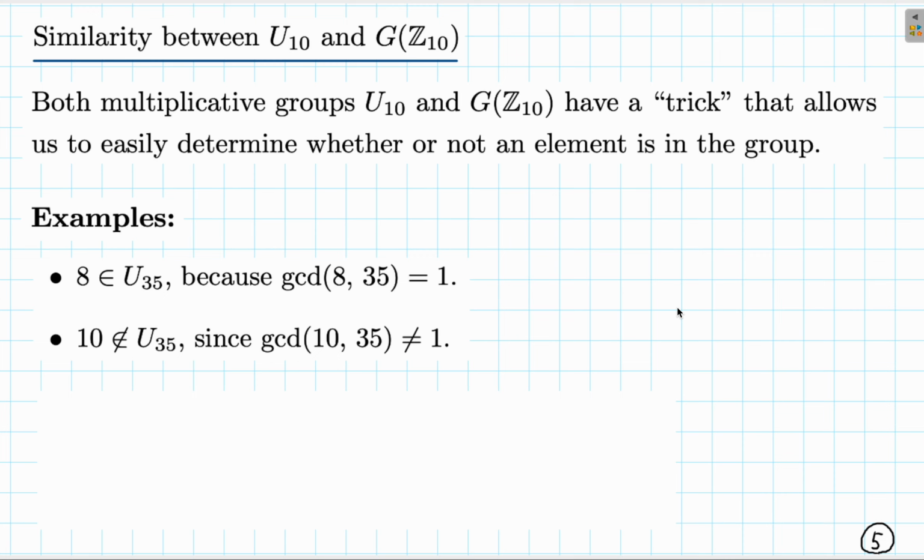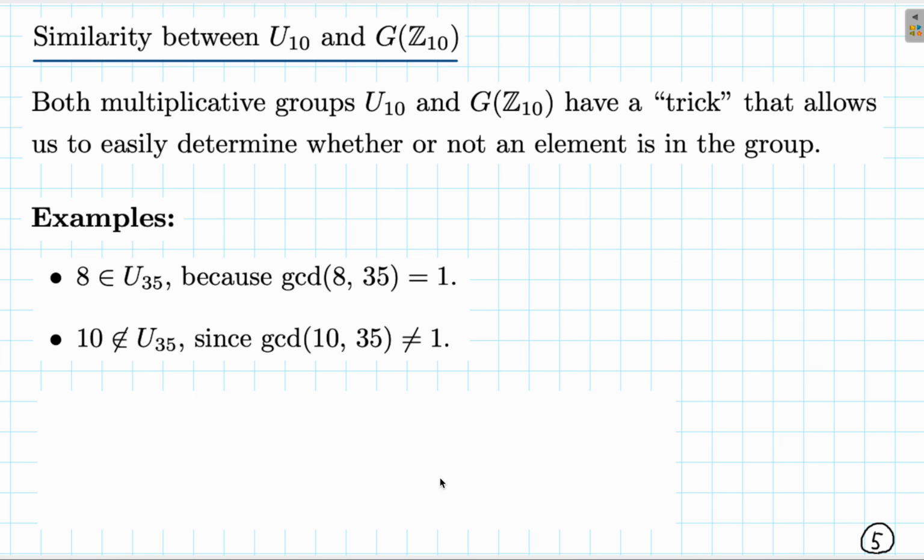Conversely, 10 is not an element of U of 35. We could argue that 10 doesn't have a multiplicative inverse mod 35, but we can more easily see that 10 and 35 are not relatively prime. Their GCD is 5, not 1, and therefore 10 is not in U35. And so that's the trick with U35.